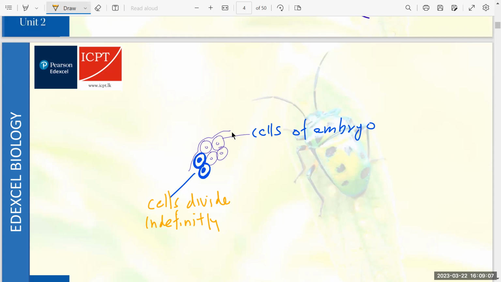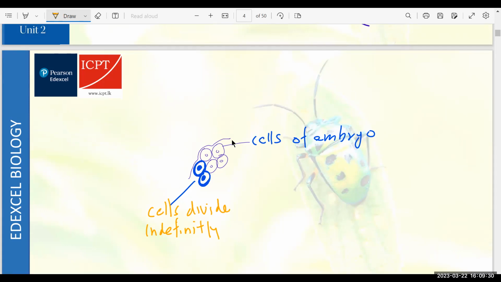Another thing is, we also know that when the embryo develops, the embryo is developing different structures: head, hands, legs, eyes, a heart, lungs, different organs.